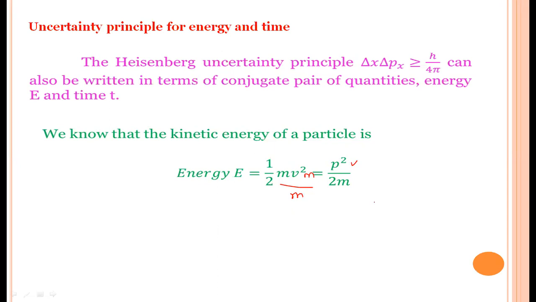When we take the differentiation, delta E is equal to the differentiation of p square, which is 2p delta p, divided by 2m. The 2 and 2 cancel each other, so delta E is equal to p into delta p by m.